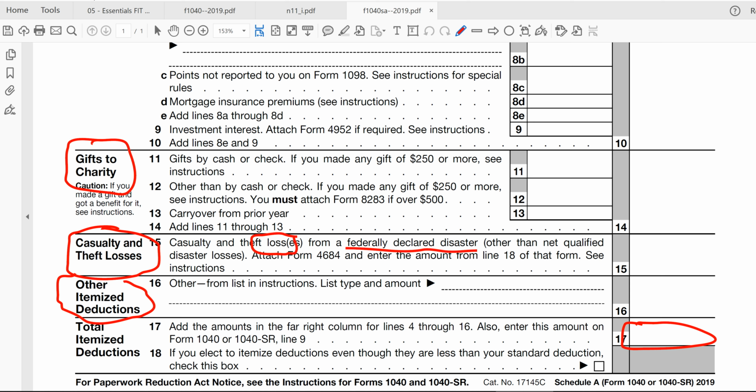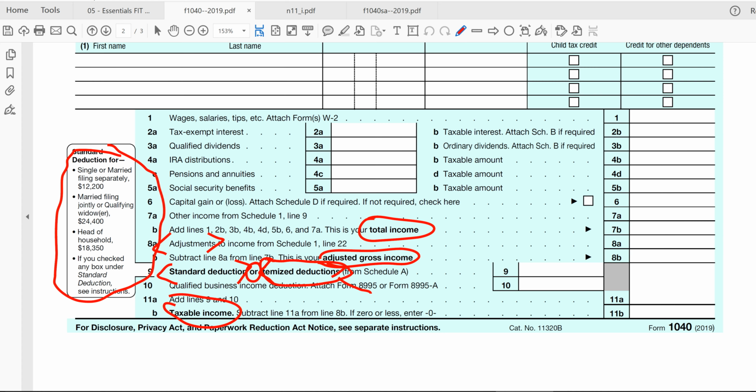It used to be that this amount had to be reduced for high income taxpayers, but again, that's not going to be applied until maybe after 2025. Okay, so back here in the 1040 form, again, here's where you would report your itemized deductions, line number 9. Okay, take a look at the next video that talks about medical itemized deductions.